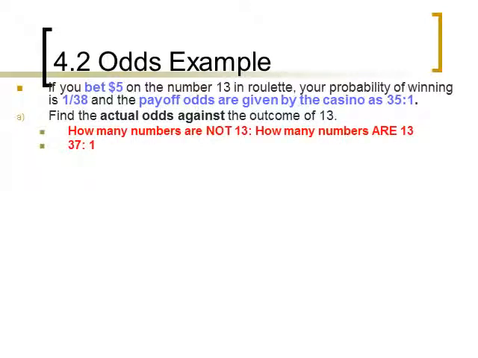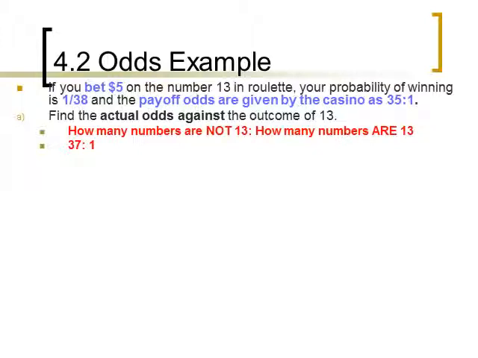So let's look at the first question. Find the actual odds against the outcome of 13. So odds against means we're searching for how many numbers are not 13 on the roulette wheel, because that would be against 13. And then we use a colon, and on the other side of the colon we put the opposite. How many numbers are the number 13?